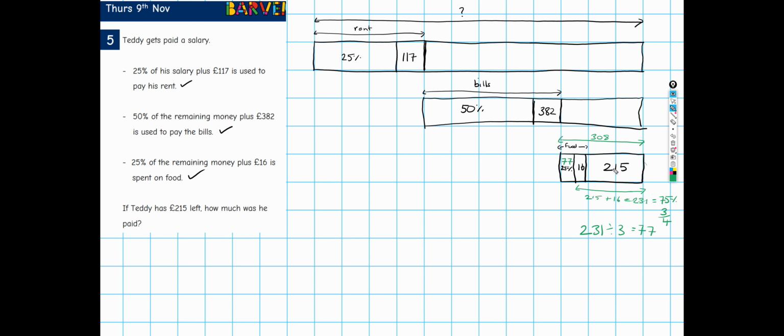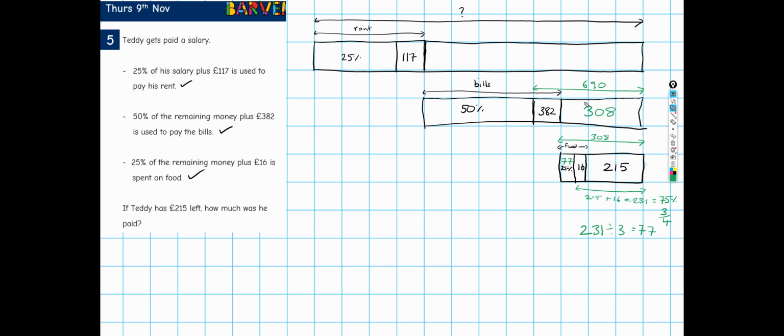Now, if this whole bar has a value of 308, well, that's this bit here. So I can now write that in. And then we build up here. And again, we've got all the information we need now. So now we need to add 308 and 382. Okay, and that gives us 690.